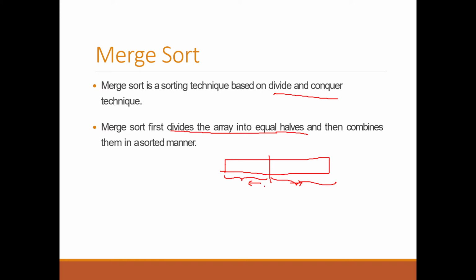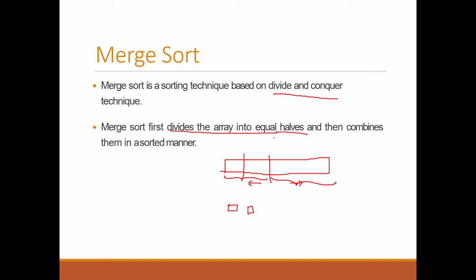But this is not only dividing the array once into half, it is repeated until we get elements of dimension 1, or a single element. So this is divided until we get single elements. So that is called dividing the array into equal halves.